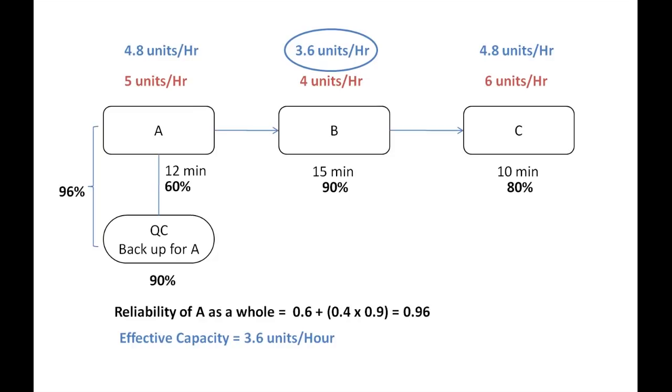So if I added a backup for A, assuming the backup has, let's say, a 90% reliability in terms of identifying and rectifying errors, the reliability of A as a whole would simply be 0.6, which is the probability that A on its own is reliable, plus 0.4, which is the probability that A is not going to be reliable, times 0.9, which is the probability that the backup is going to be reliable.